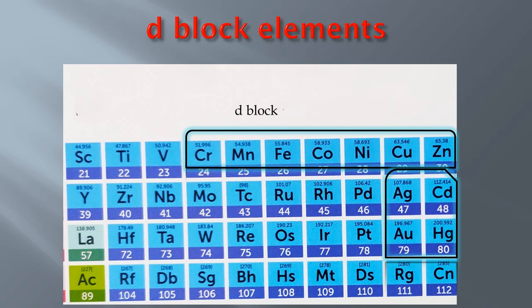So they have, as I told you earlier, almost the same number of electrons in the outermost orbit. The inner orbital is incomplete. They can exhibit multiple valencies. That is a characteristic feature of D block elements.